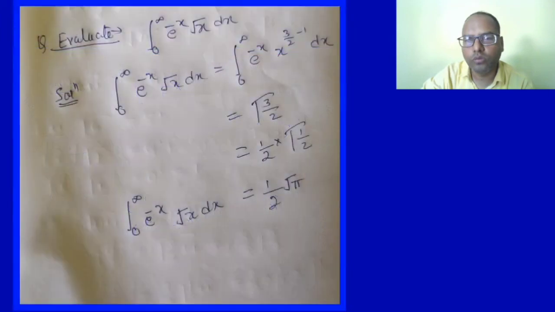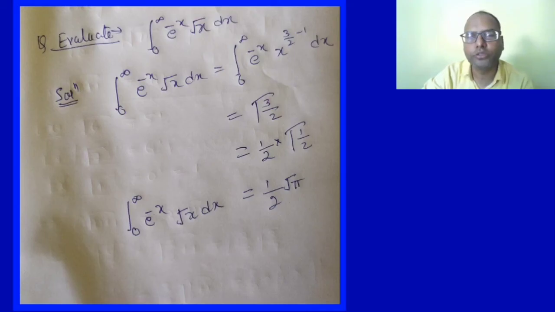Now we have one more example: the integral from 0 to infinity of e to the power minus x, root x dx. We have to find the value of this integral. So we can write it as the integral from 0 to infinity of e to the power minus x, x to the power half, since root x is x to the power half, dx. So now this is x to the power 3 by 2 minus 1 dx.